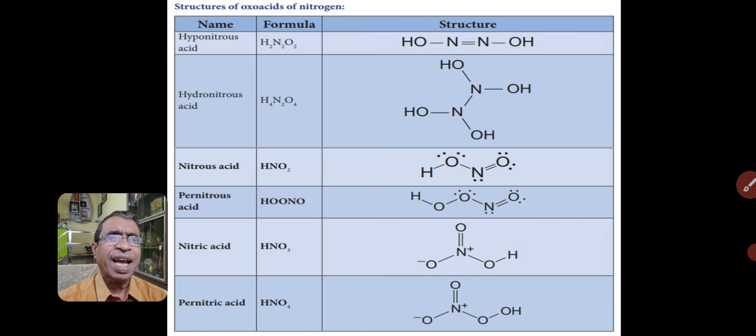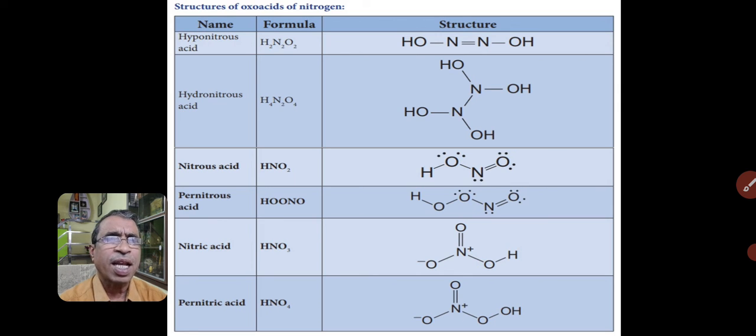Coming to nitrous acid, HNO2, the nitrogen is linked to an oxygen through a double bond and it is also linked to another OH group. And then we also have pernitrous acid. Per means one oxygen more.